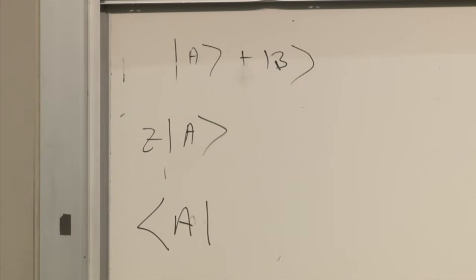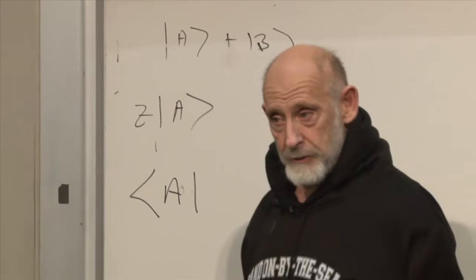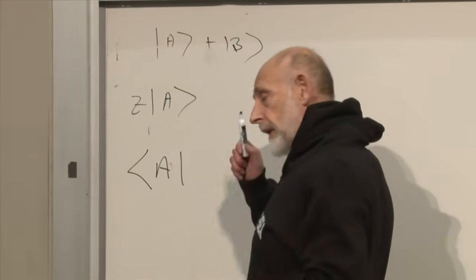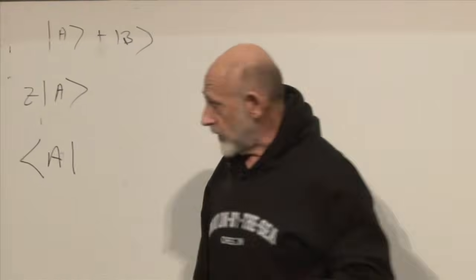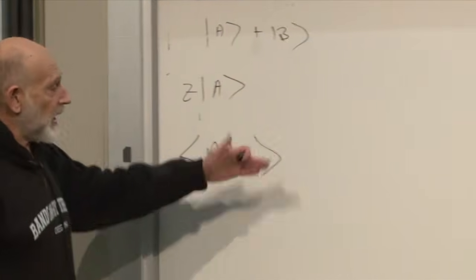So there are two dual vector spaces, and you can take inner products of vectors, a bra vector with a ket vector. Okay? So the bra vector and the ket vector can be combined together. It gives a complex number.